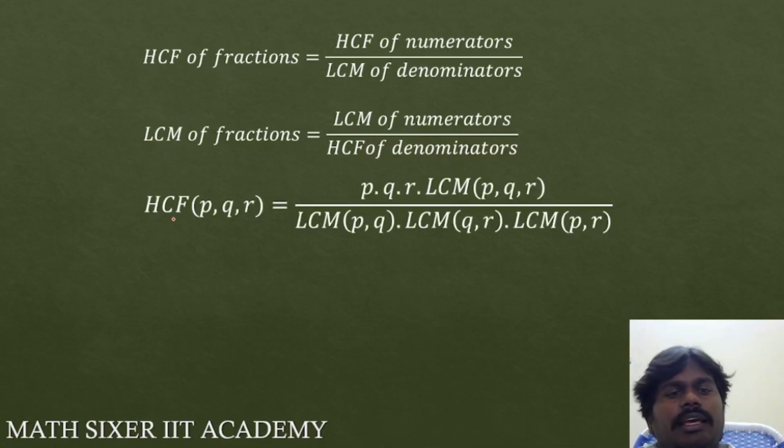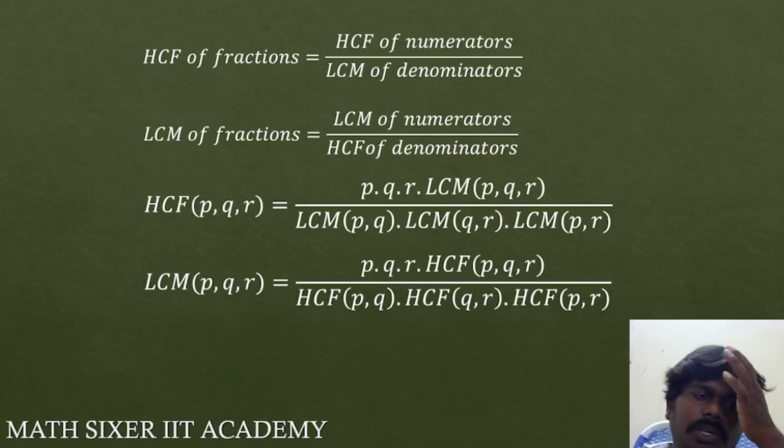And HCF of three numbers P, Q, R is the product of the numbers P, Q, R and the LCM of P, Q, R, divided by the product of the LCMs of pairs: LCM of P, Q into LCM of Q, R into LCM of P, R.